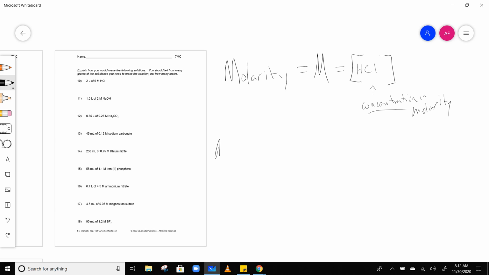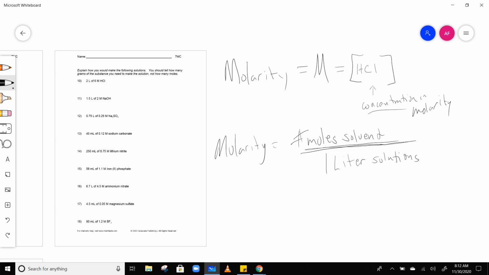And what molarity is, it's really simple. It is the number of moles of solute in 1 liter of solution. As you know, we've been talking about solutions, right? And we haven't talked about solutions quantitatively, but today that's what we're talking about.